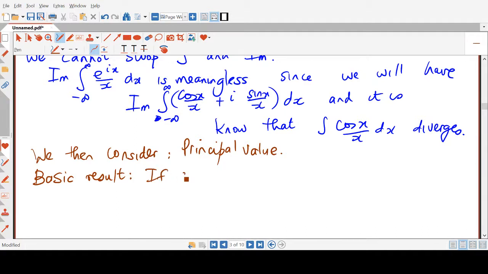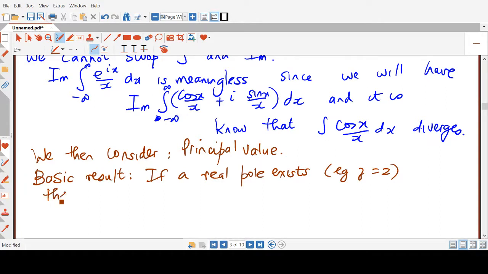If a real pole exists, for example, z equals 2 or something, not z equals 2i, or 2 plus i. A real pole is z equals 2.